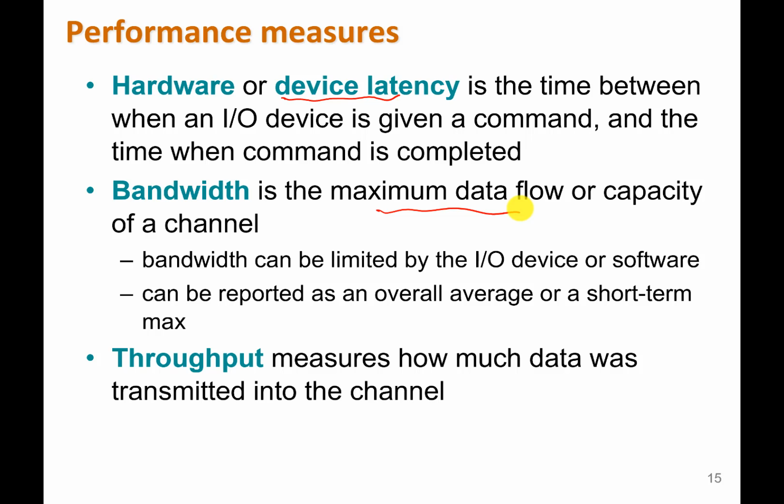Just like everything else in this class, you can't use a term by itself. You always have to say, I define latency as the time between when an I/O device is given a command and when that command is completed. Or bandwidth is the maximum data flow or capacity of a channel. You've got to define the term before you use it, because these are not consistent throughout the literature.